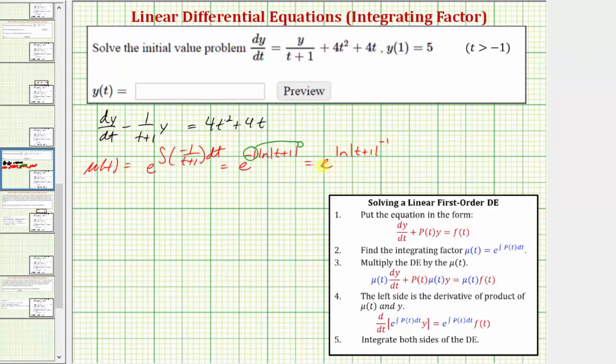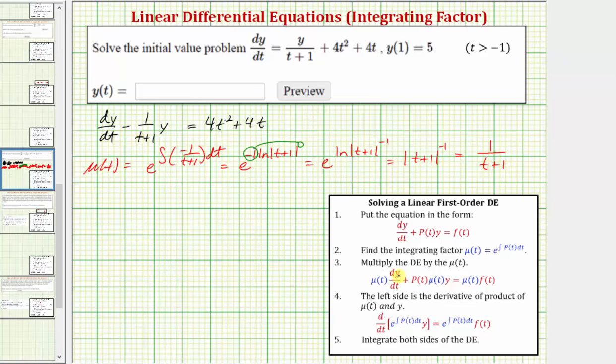From here, because we have base e here, and the exponent is natural log, or log base e, this simplifies to just the absolute value of the quantity t plus 1 raised to the power of negative 1. And because we're told t is greater than negative 1, we can drop the absolute value, and to make the exponent positive, we can write this as 1 divided by the quantity t plus 1. So the integrating factor is mu of t equals 1 divided by the quantity t plus 1.